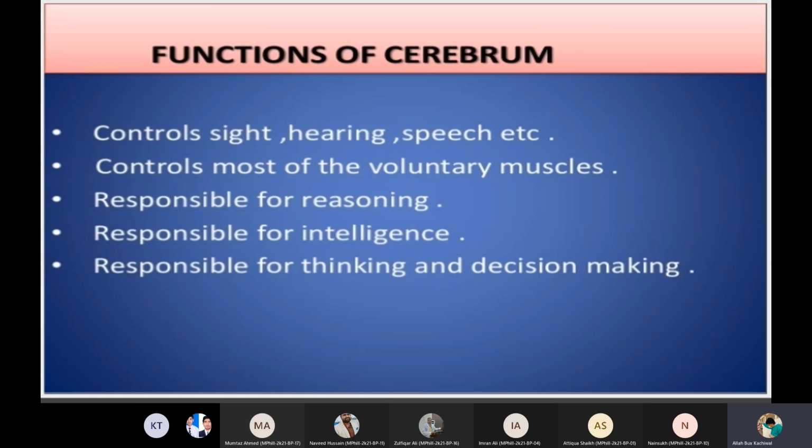The cerebrum is the most important area, giving you your character. The human being is identified as human because of these three senses: to see, to hear, and to speak. All these three senses are controlled by the cerebrum.